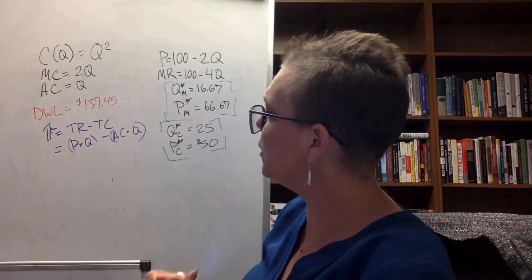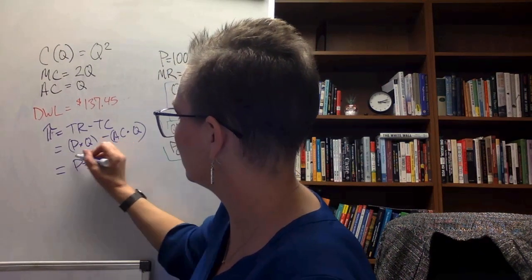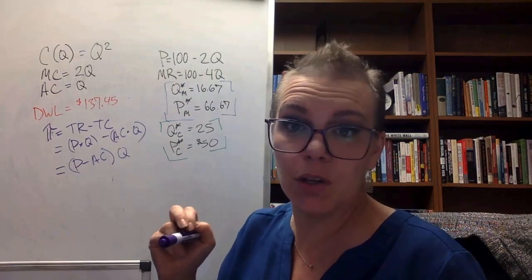The other way you can do it is you can say, well, it's just going to be equal to price minus average cost times quantity. And you'll get the same answer any of those ways.